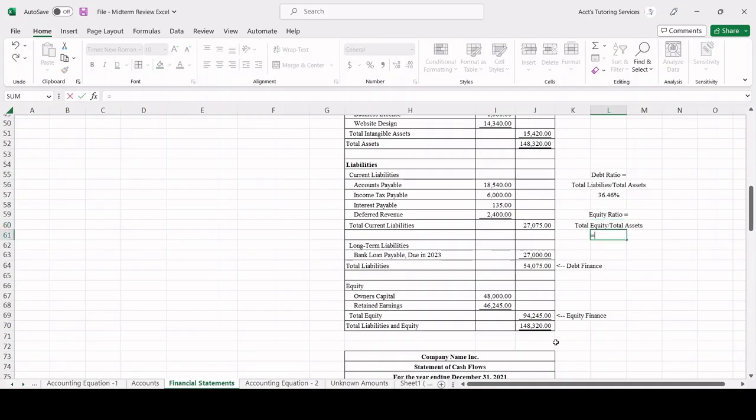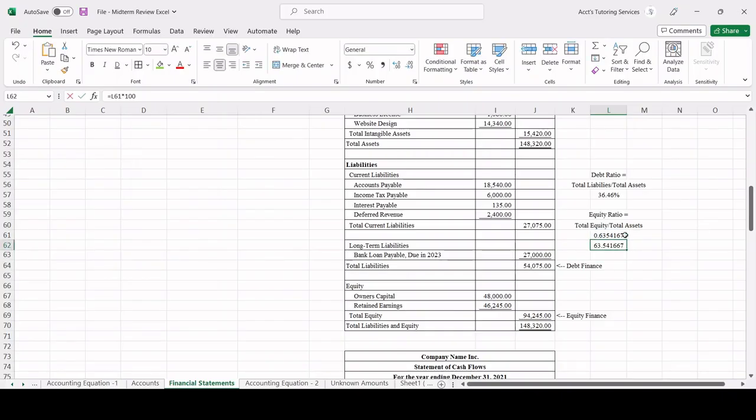So simply put, 94,245 divided by 148,320 gives us 0.6354 or 63.54%. To arrive at this number, if you're doing it in a calculator manually, we could simply take 0.6354167 times 100. There you go.